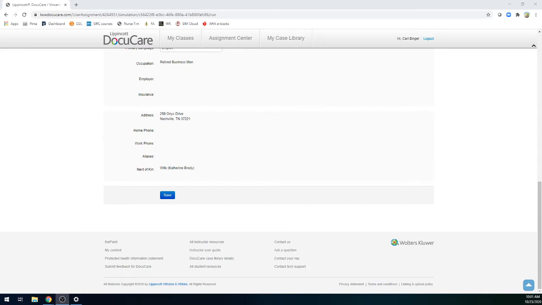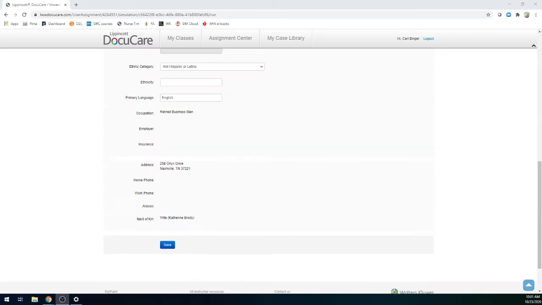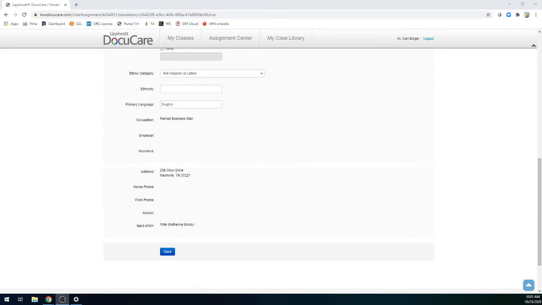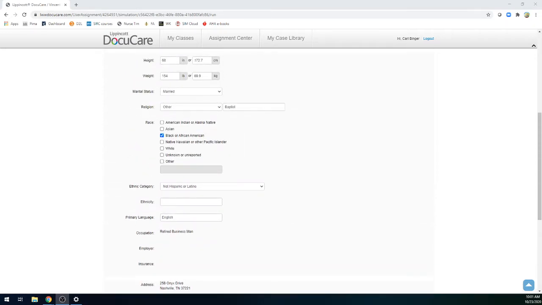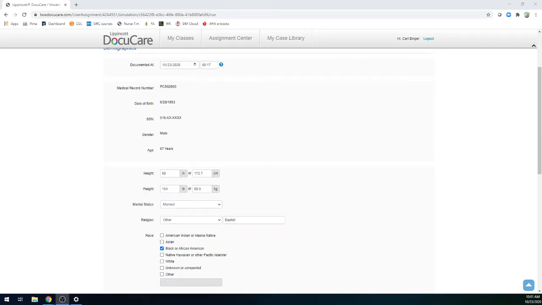There's nothing to add to this, but hit save. The reason I say to hit save is it shows me that you did address this category, because it'll be saved under your charting. If there are things that you do need to fill in, by all means, go ahead and fill them in.